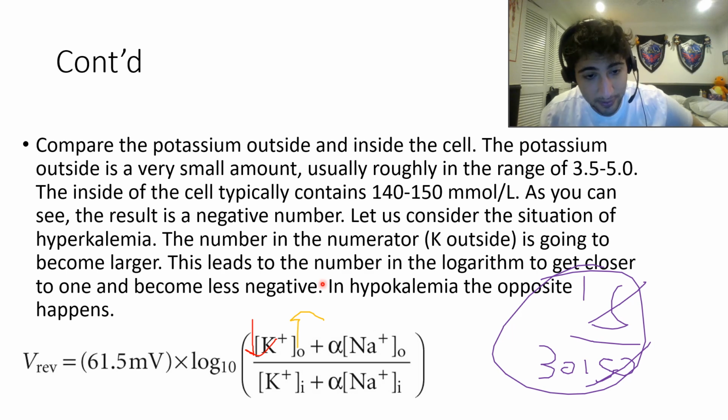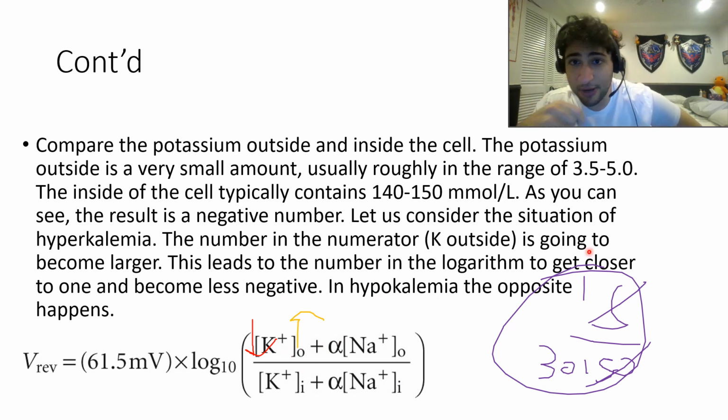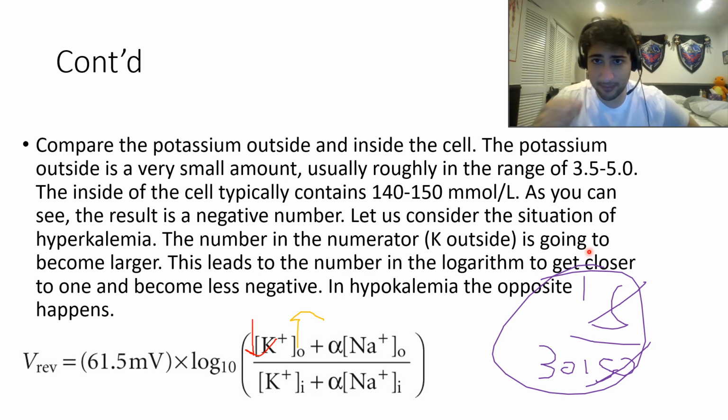If the whole expression gets smaller, it's becoming further from 10. The whole thing inside here is becoming more less than 10 than it was before, and you get an increasingly negative resting membrane potential. And we'll see that on the next slide.